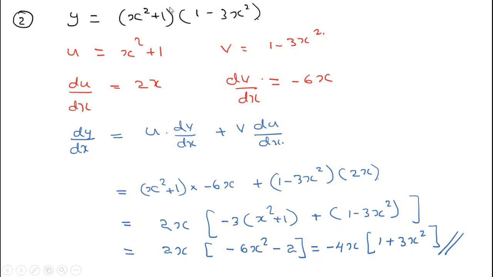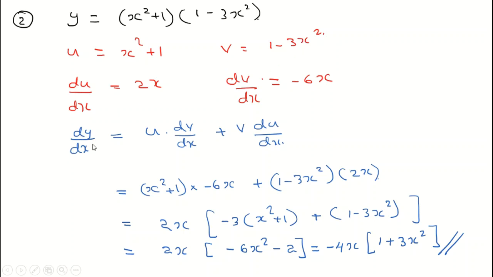We'll take another example. y equals x squared plus 1 into 1 minus 3x squared. u is equal to x squared plus 1, v is equal to 1 minus 3x squared. So du over dx is equal to 2x, dv over dx is equal to minus 6x.